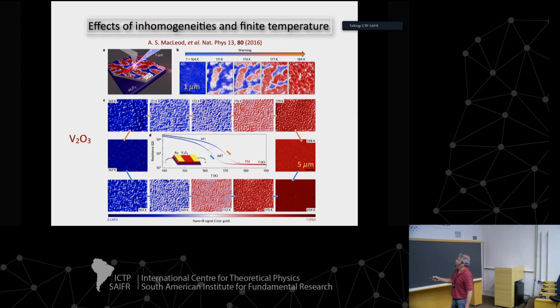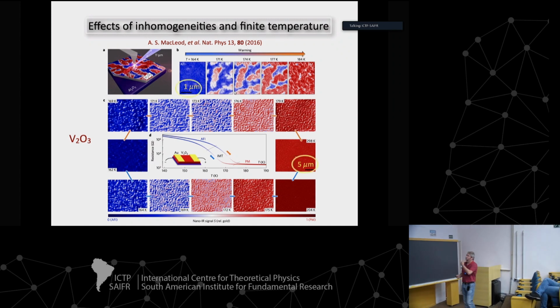But as you cross the transition, you have the formation of these inhomogeneous patterns in your sample. These are fairly large puddles. The length scale is given by that bar, which is 1 micron. Okay, so what I want to talk about is the physics of those inhomogeneities.